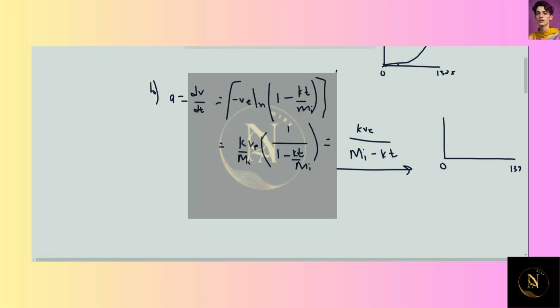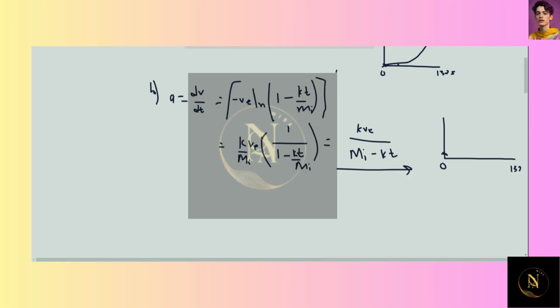So again, you do the same tests when t is 0. When t is 0, notice that this is some non-zero value, because the acceleration is not going to start exactly at 0. So that will start somewhere, let's say over here.